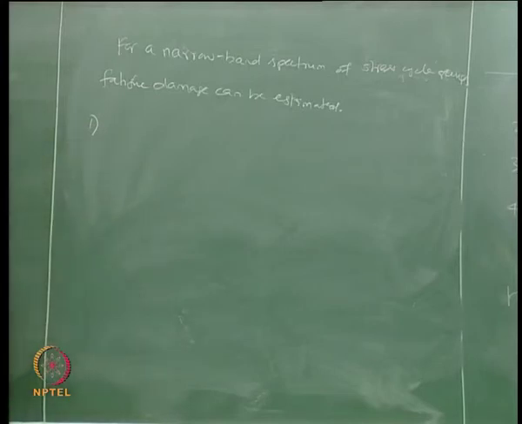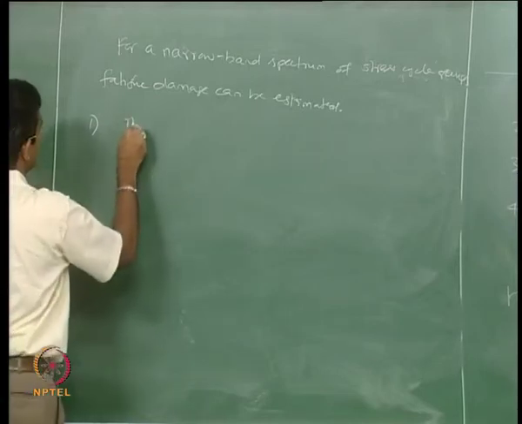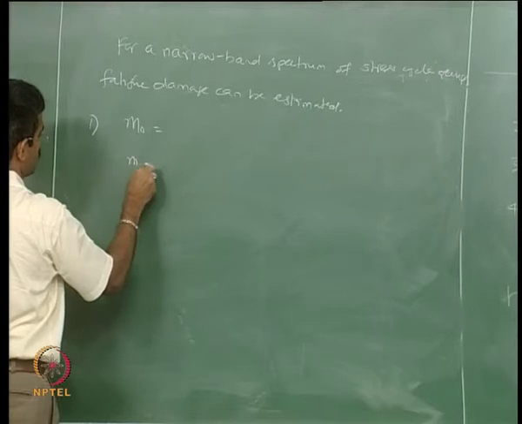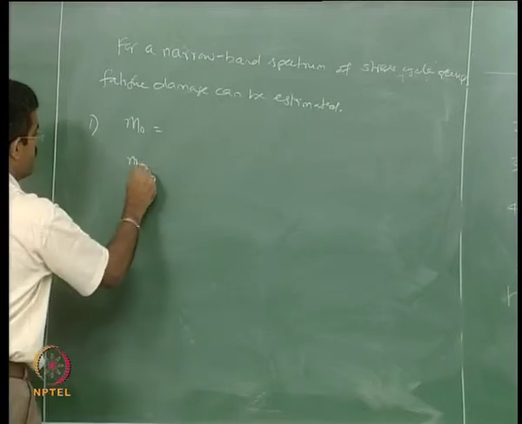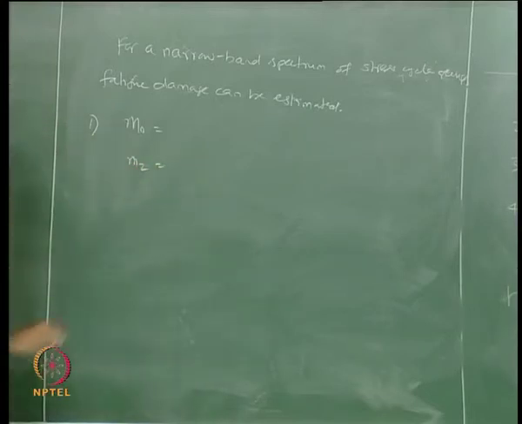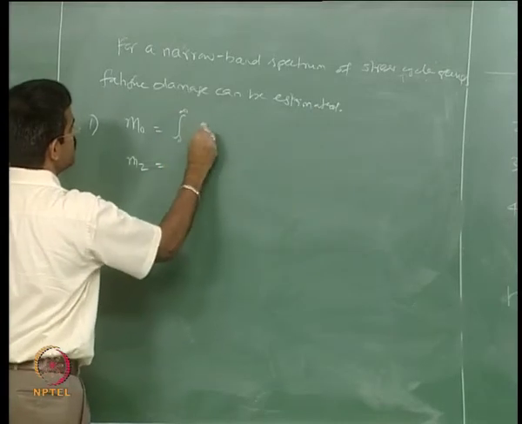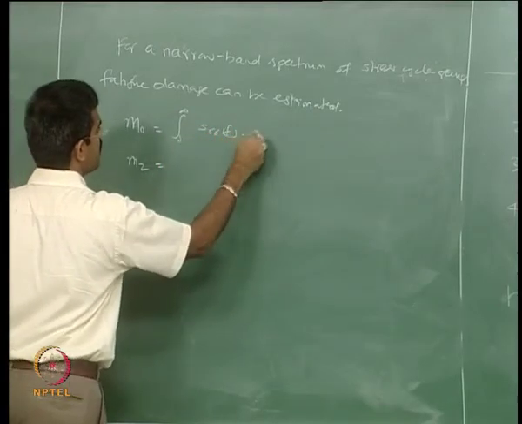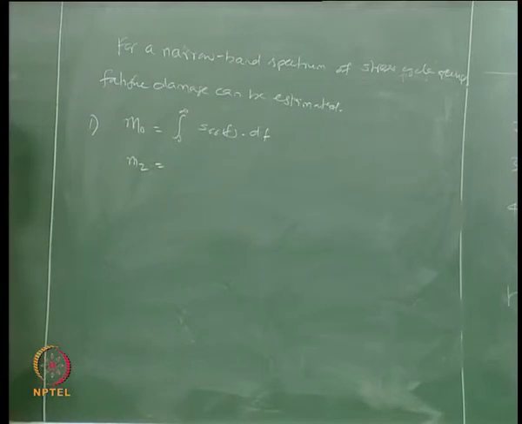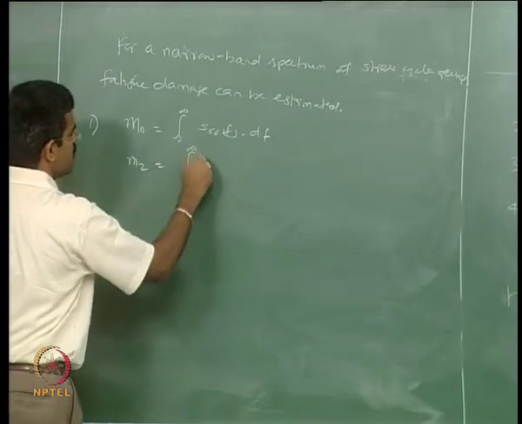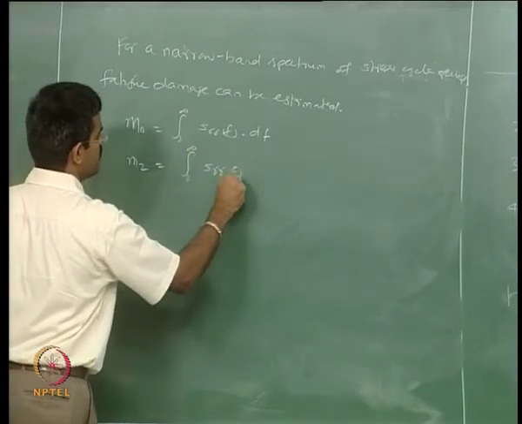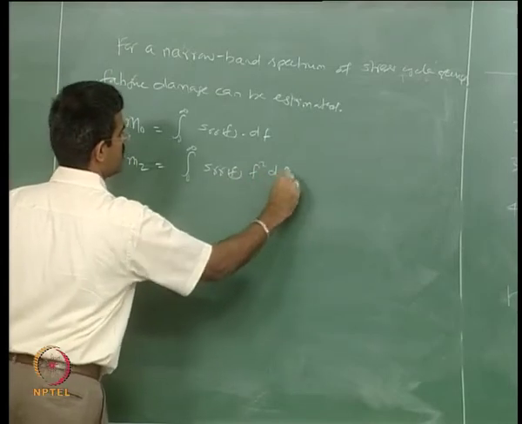First, find out m0 and m2, because you need the spectral moments. m0 is nothing but the integral from 0 to infinity of S sigma sigma f df, and m2 is the integral of S sigma sigma f times f square df.